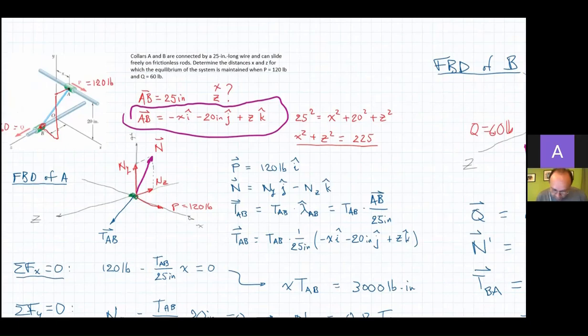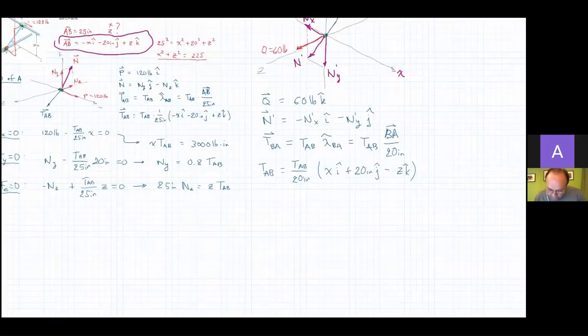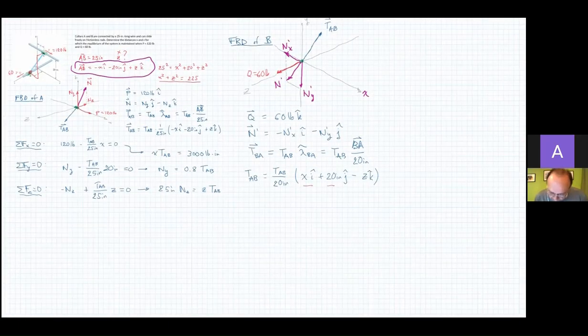So positive, positive, negative. We have here positive, positive, negative.